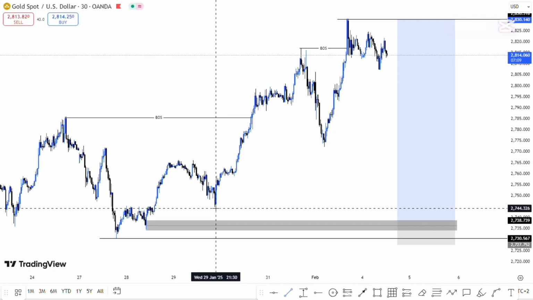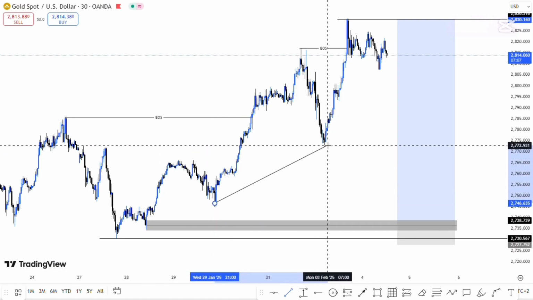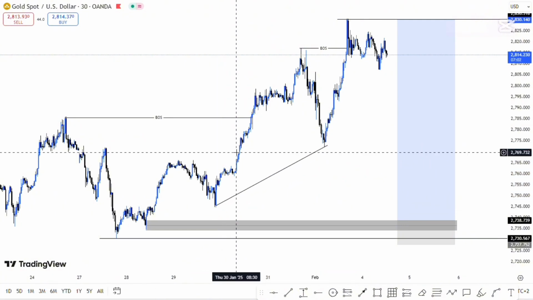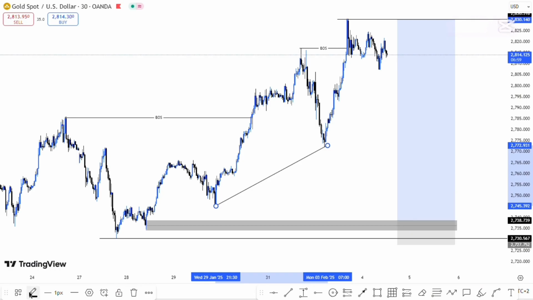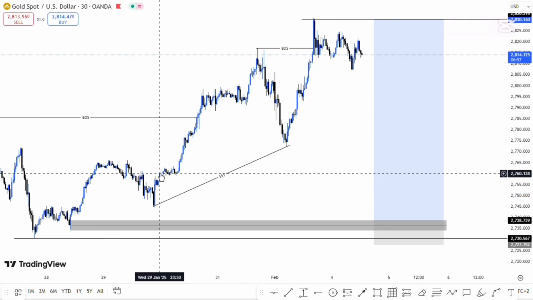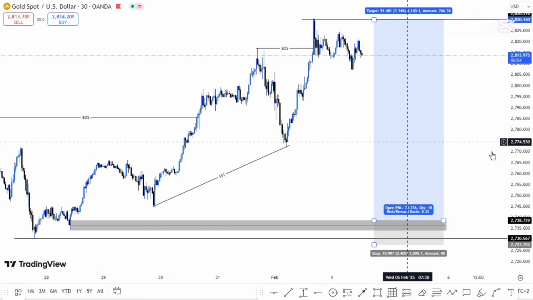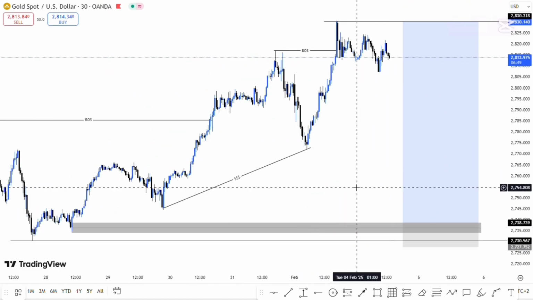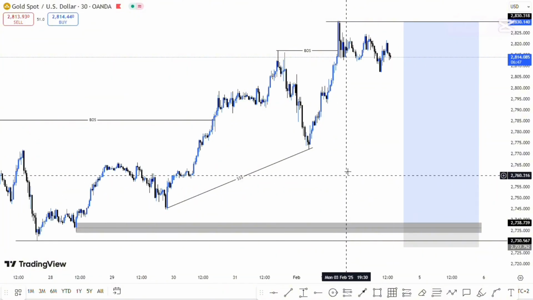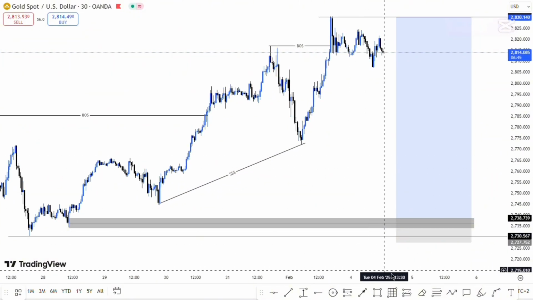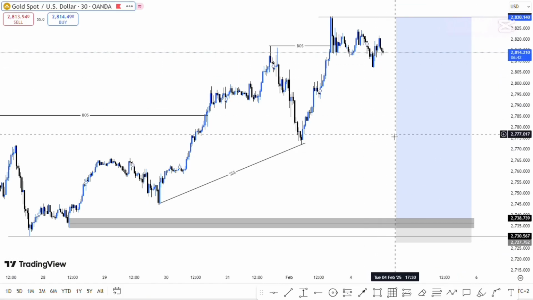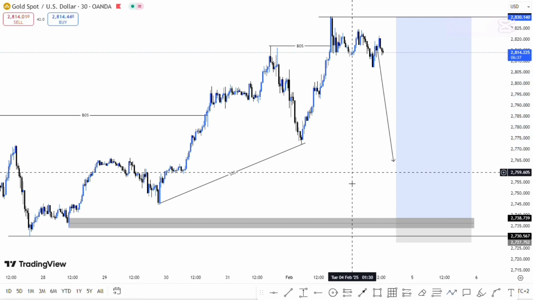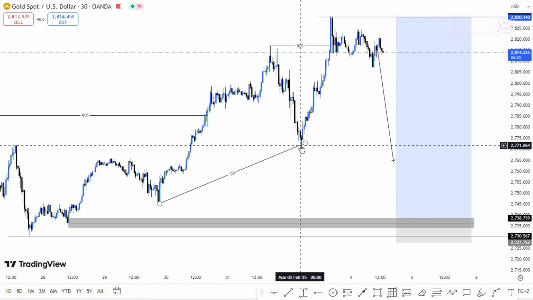Now we have liquidity; price will sweep all this liquidity to tap into our origin. And now if you want to catch the correctional movement, we would need to wait for a break of this low right here.